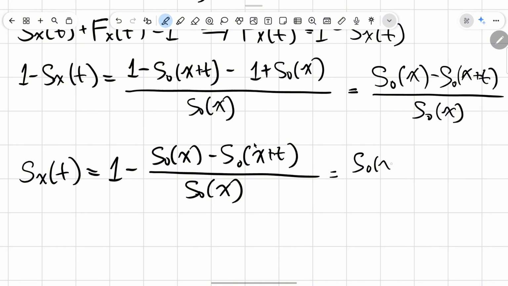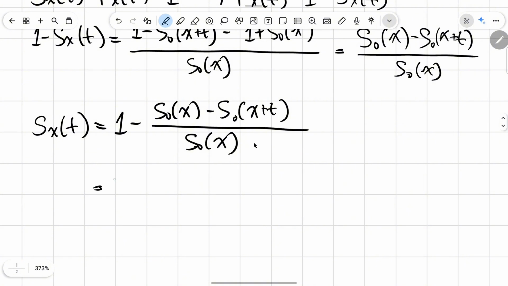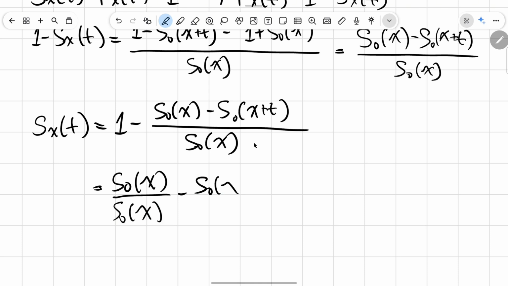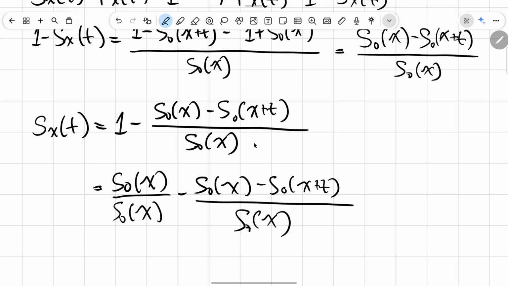So this will be equal to S0 of x over S0 of x minus S0 of x minus S0 of x plus t all over S0 of x.